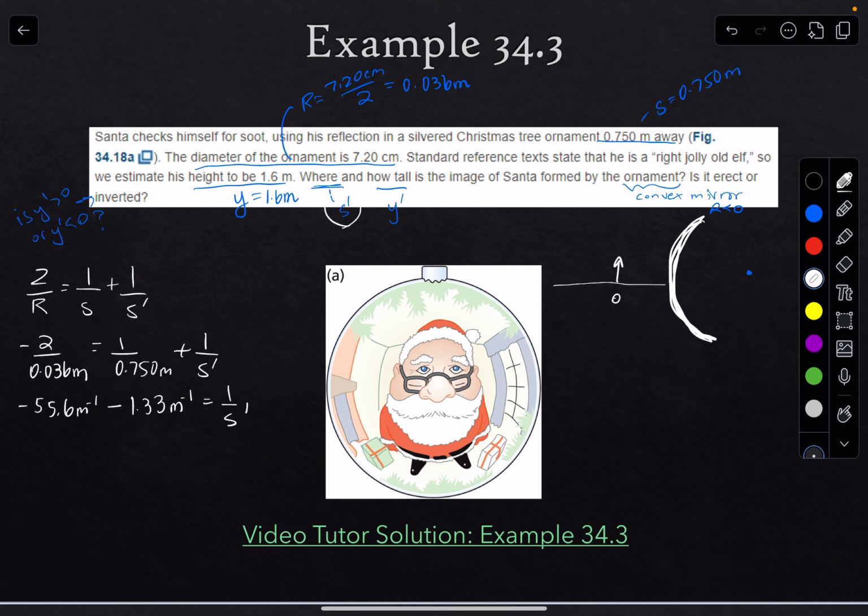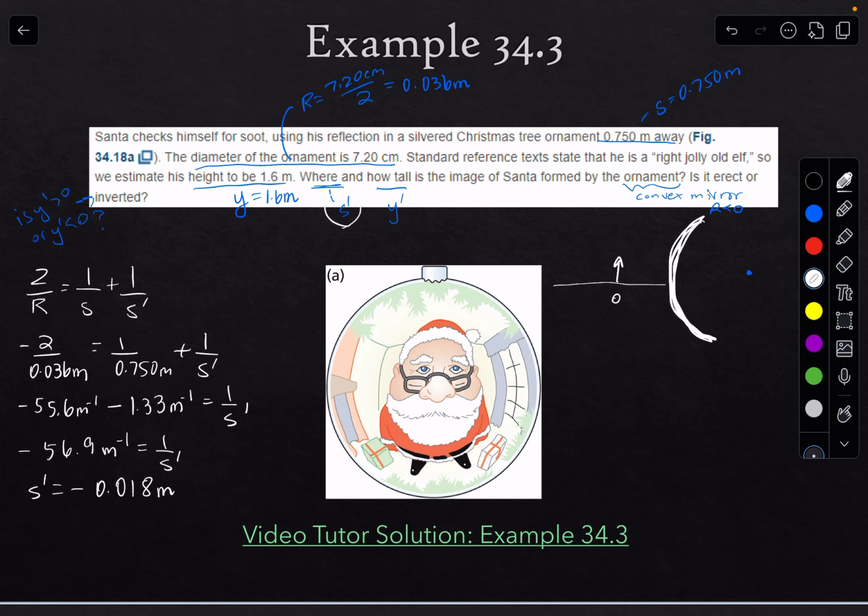Okay, so when I subtract these two, I'm going to get negative 56.9 inverse meters, which is going to equal 1 over S prime. So S prime is basically 1 over 56.9 with a negative, which comes out to be 0.018 meters. Okay, so about 1.8 centimeters.